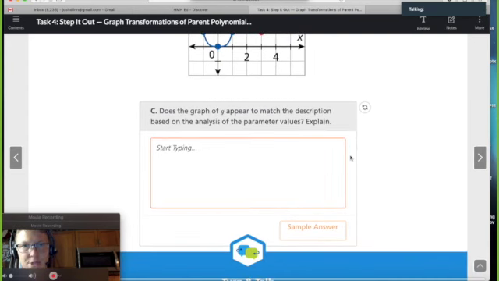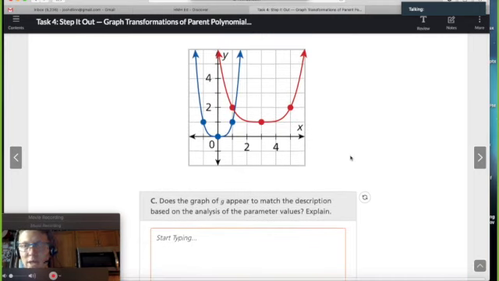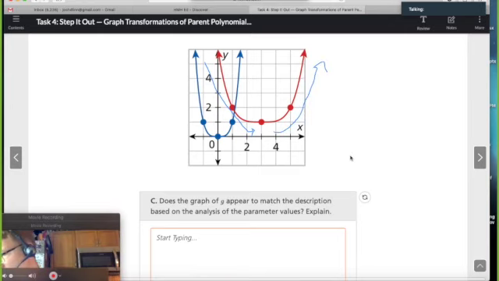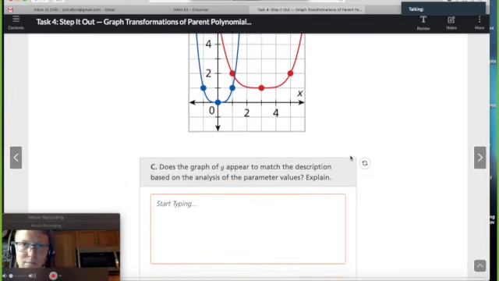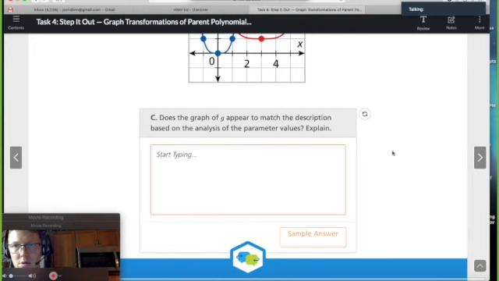So does the graph of g appear to match the description based on the analysis of the parameters and values? Yes. So it decreases down to the vertex, increases after that. It's all positive. It has the same domain and range, and it matches all the parameters that they gave us. So too easy, right?